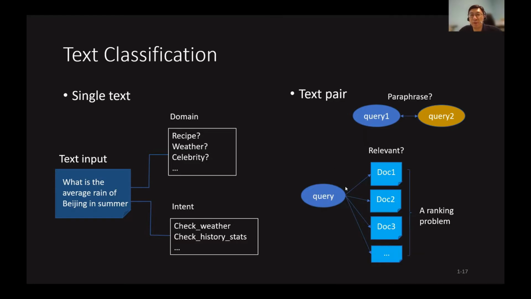For example, in web search, one input is user query and the other is web documents. And the task is to rank the documents based on their relevance to the query. So although the ranking task is concerned about the relative order of the documents with respect to the query, here we still consider it as a special case for classification, because essentially the task is to predict the relevance score between a document and a query.